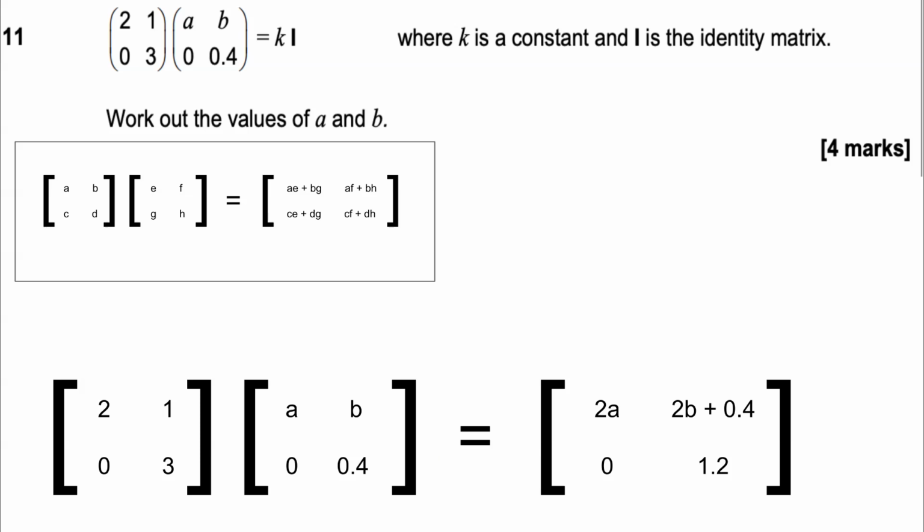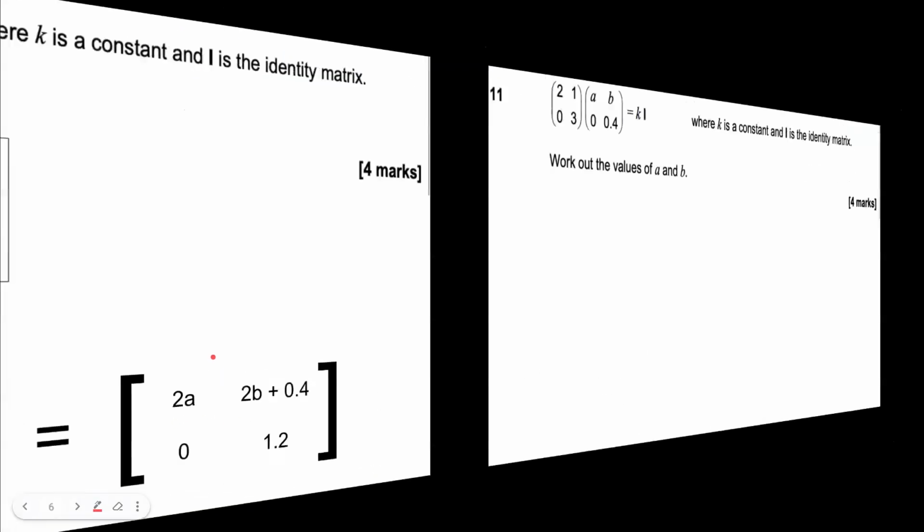For AF and BH, that would be 2 times B plus 0.4, from the fact that we have B and H. And the last entry is 0, which is quite obvious as I've said.